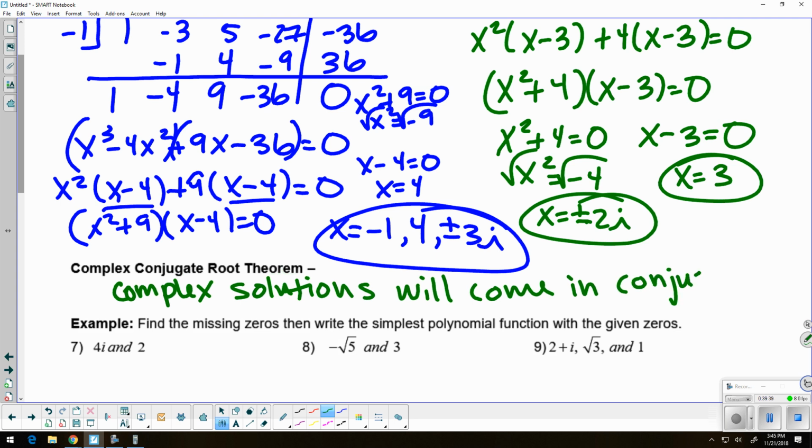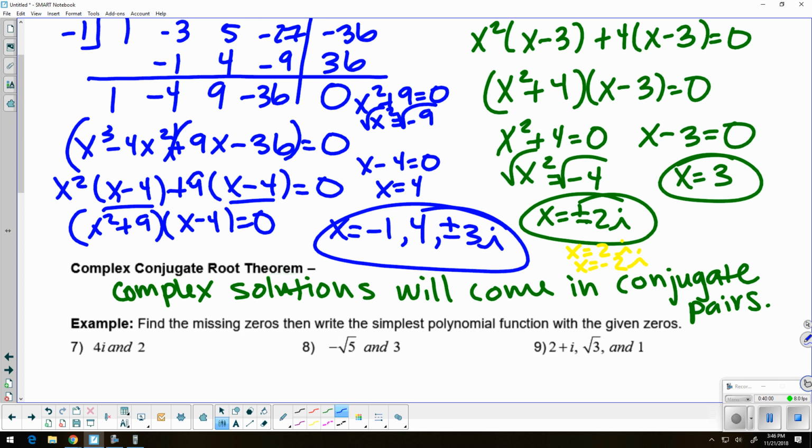So whenever you have an imaginary solution, its conjugate is automatically a solution as well. So if I divide up, like the previous problem, these two answers, I'd have positive 2i, and I'd also have negative 2i. Those are conjugates, right? So they always come together as pairs.